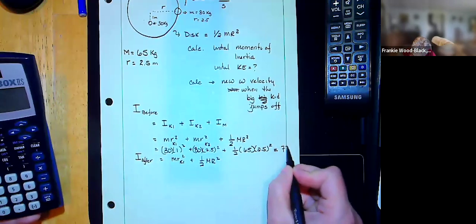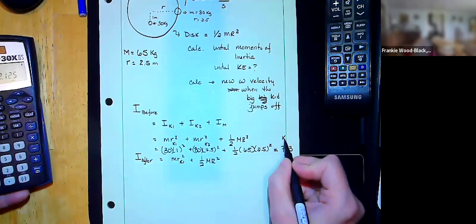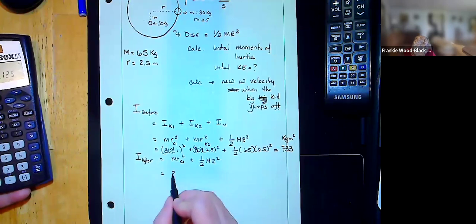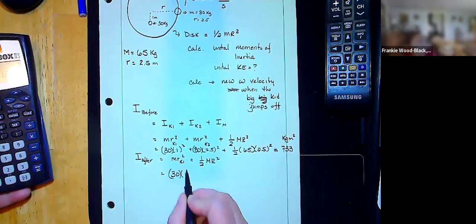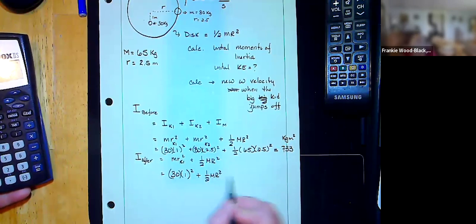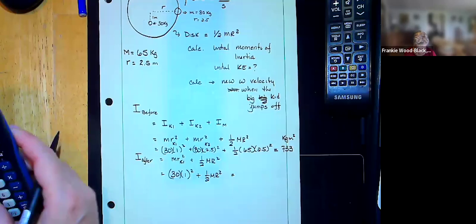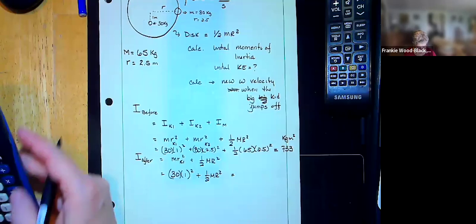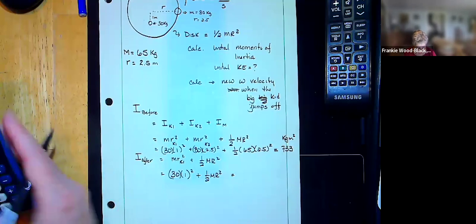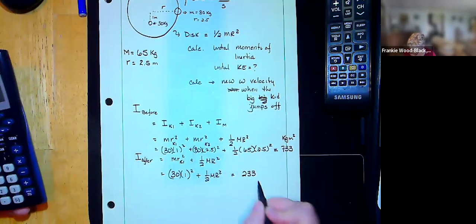I'm getting 733, and this is in kilograms meters squared. For the final, this one is going to be our 30 times our 1 squared, plus 1/2 mr squared for the disc. So I've got my 65 times my 2.5 squared divided by 2, plus 30. And now I've got 233 kilograms meters squared.